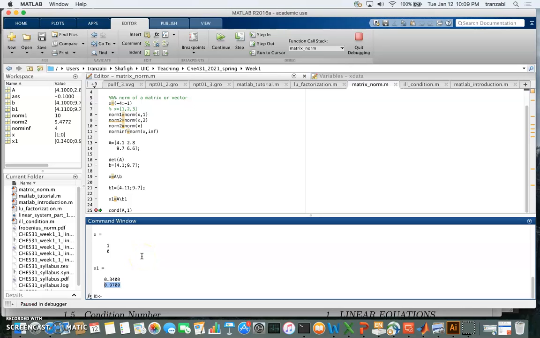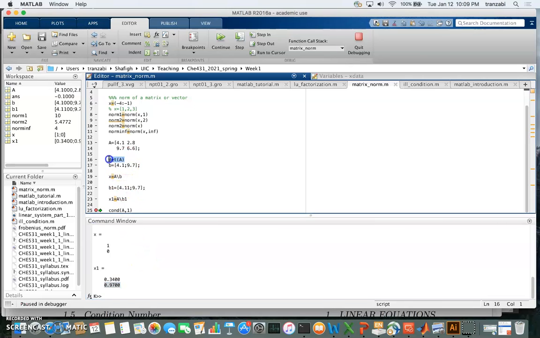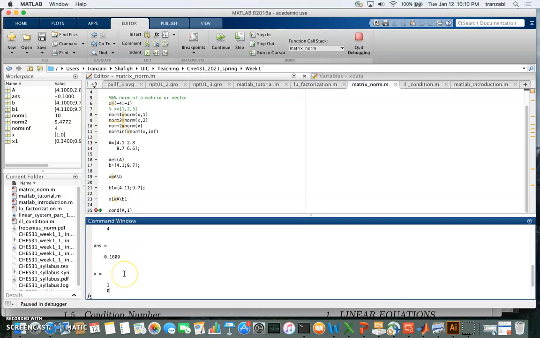You may think of a determinant. Maybe you learned in high school that the determinant is a good measure of saying if the matrix is singular or ill conditioned or something like that. Now, if you go ahead and calculate the determinant of A, actually we have it here. The determinant of A is minus 0.1, right?